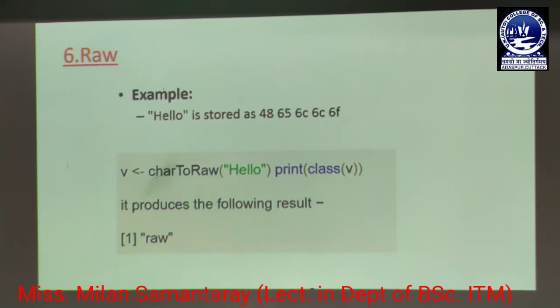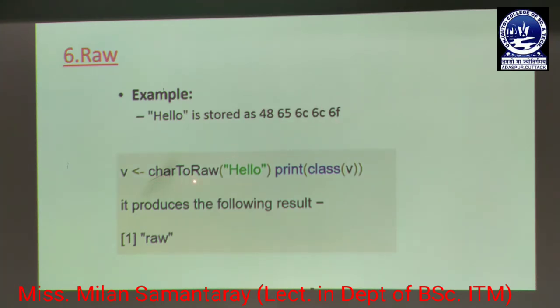And next is our raw. So hello is stored as 48, 65, 6C, 6C, 6F like this, that means it will produce the output like this. When we are entering raw, we are entering its ASCII format, or you can say its numerical format.